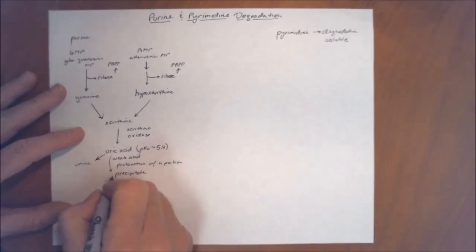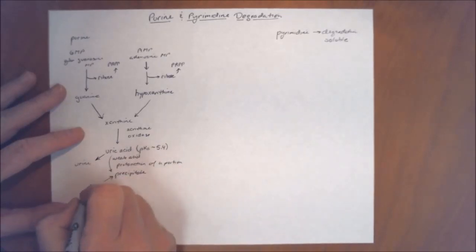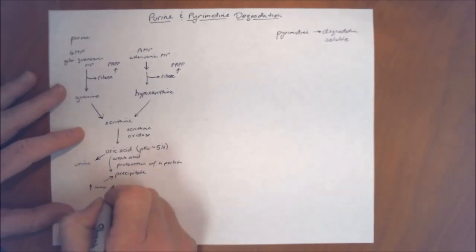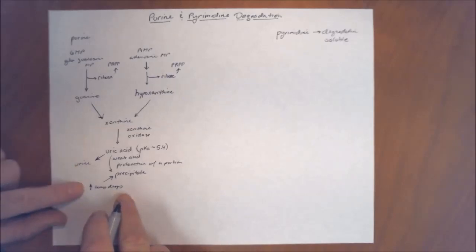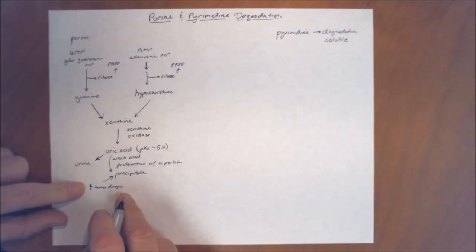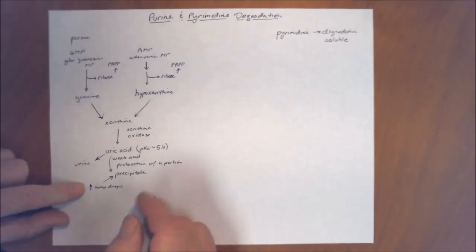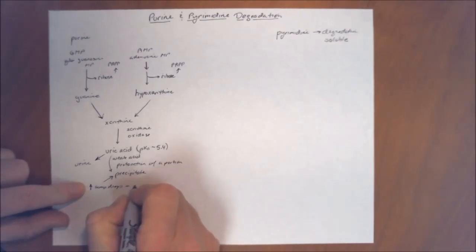This precipitation is increased by temperature drops. And what I mean by temperature drop is it doesn't take very much of a temperature drop. We're talking about a few degrees below our core temperature, such as in our extremities.